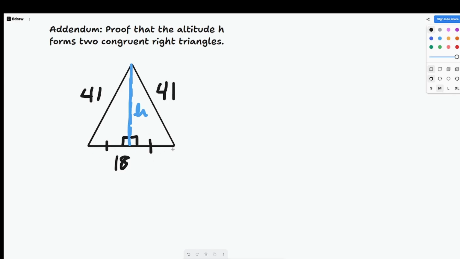Since the sum of these side lengths is just the base of the larger triangle, which is 18, that means that these two smaller side lengths have to have a length of 9. And yeah, this is just a complete explanation of what I mentioned before when I originally drew that altitude.